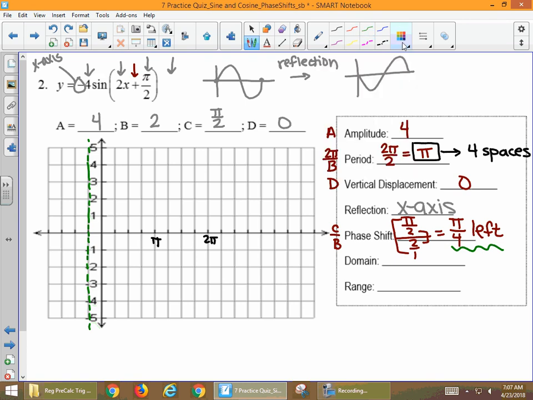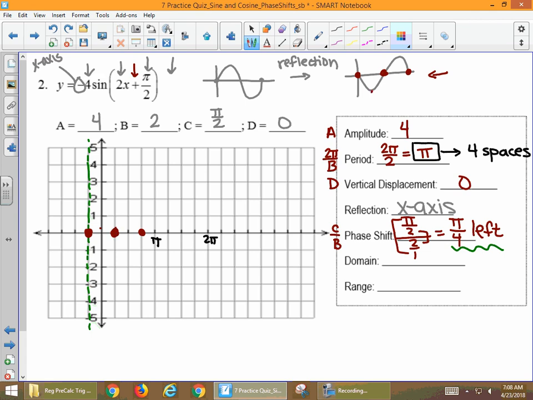So if I come back up here to my little sketch, one period of the function is where midline to midline. So I'm going to start here at my phase shift. I'm going to count 4 spaces. That's the end of the function. Halfway in between, I cross the x-axis. That's 2 spaces.